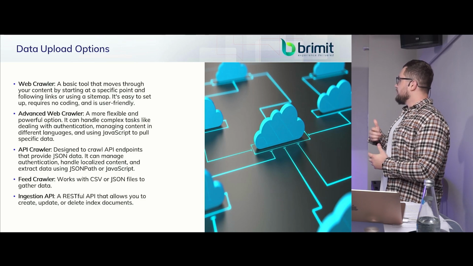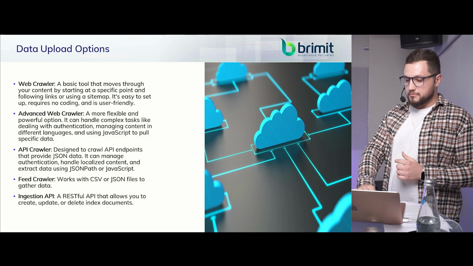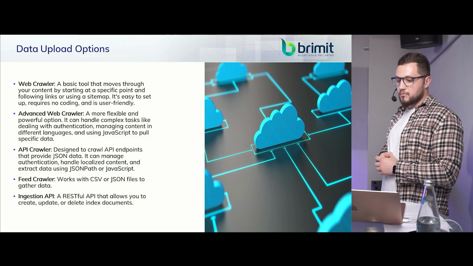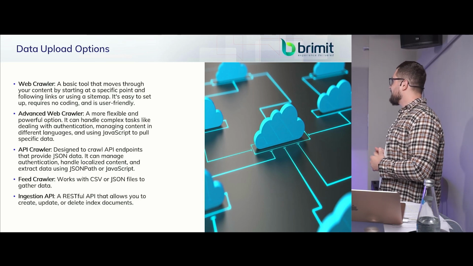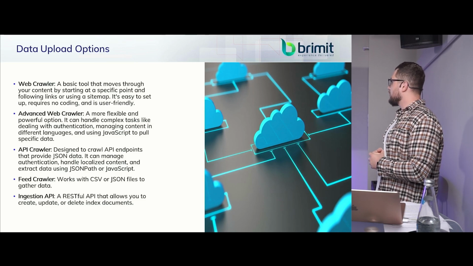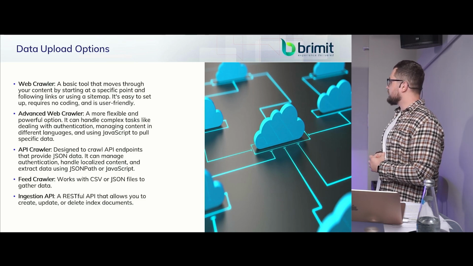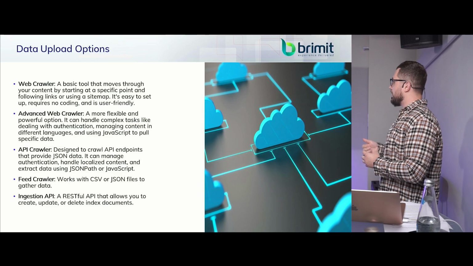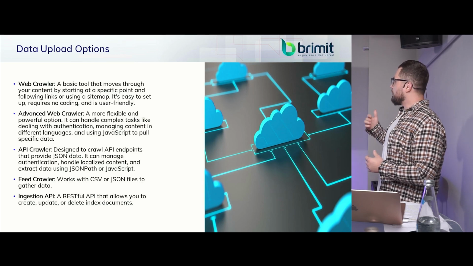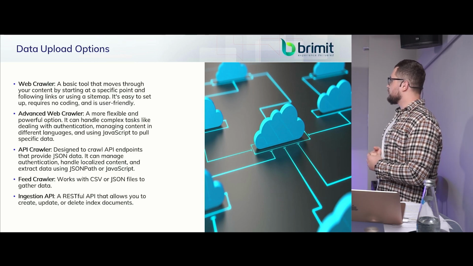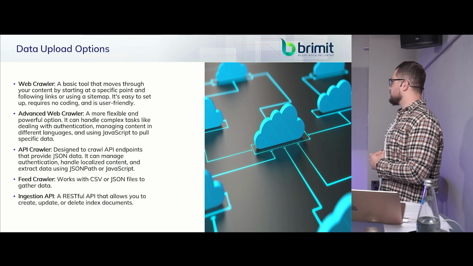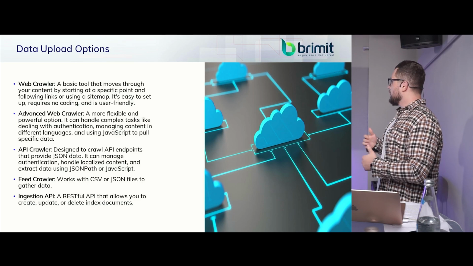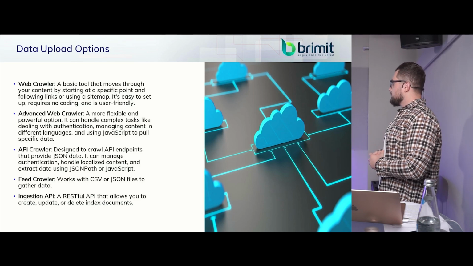And in the API crawler, you can enable a checkbox which allows you to work with the API crawler through the Engagement API. That means you can upload all your data through the API crawler, and after that you can update data through the RESTful API and update data in real time.